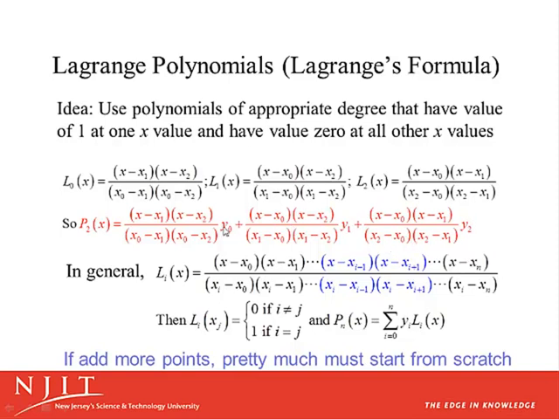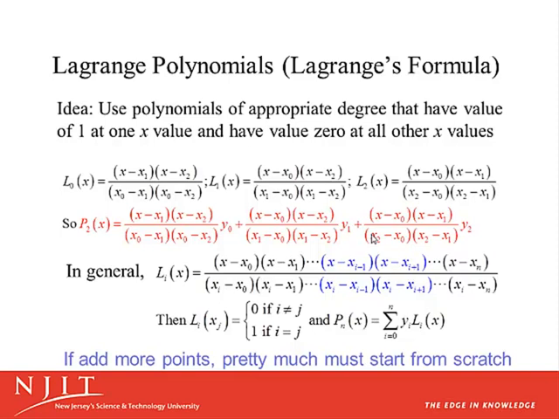And at x2, the first 2 polynomials will be 0, but the third polynomial at x2 will equal 1, and so you get 1 times y2. So one can easily see that this polynomial will go through the 3 points x0, y0, x1, y1, and x2, y2, and therefore it must be the unique quadratic polynomial through those 3 points.